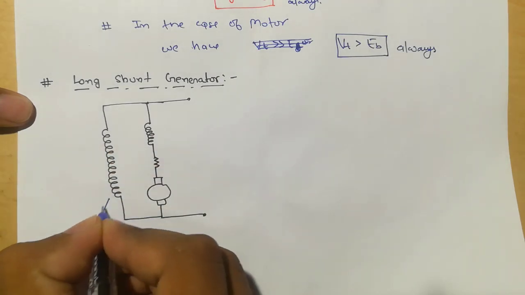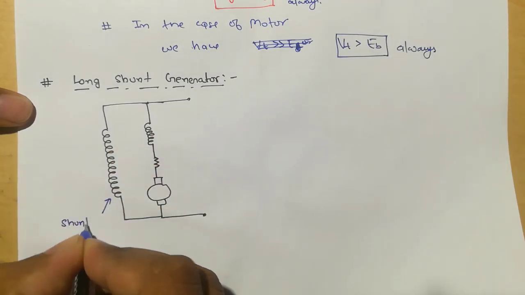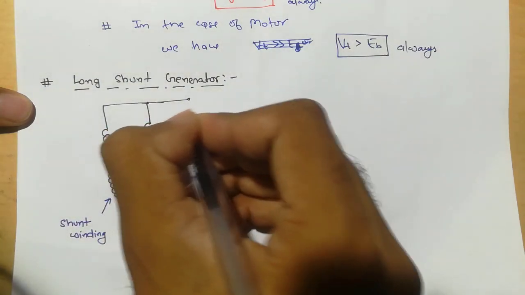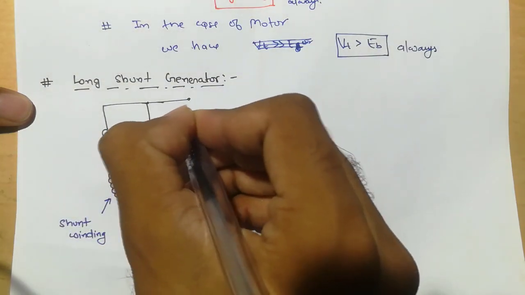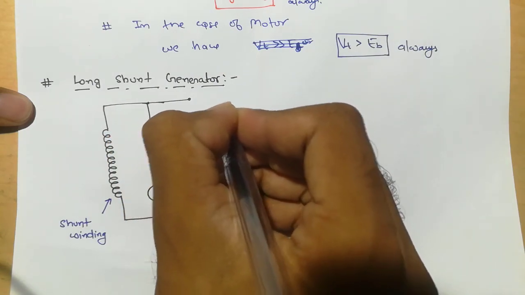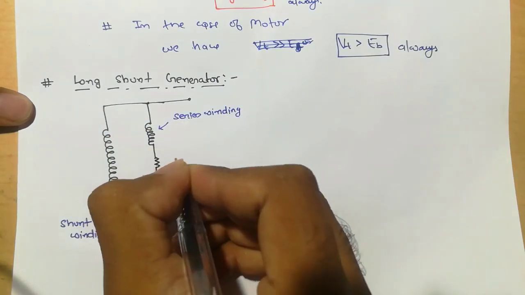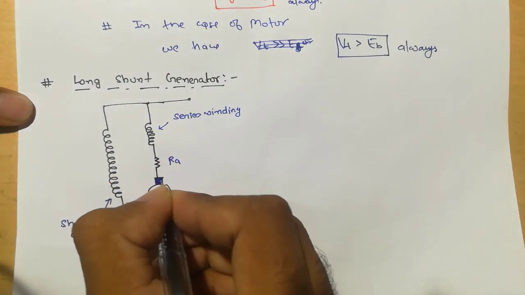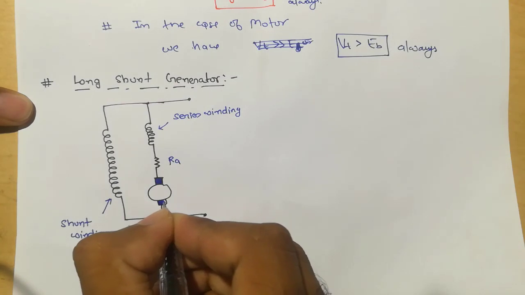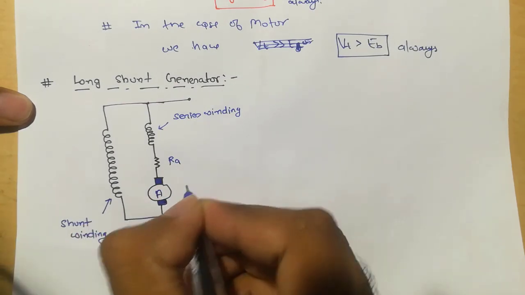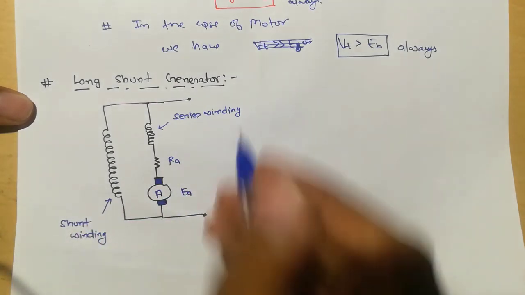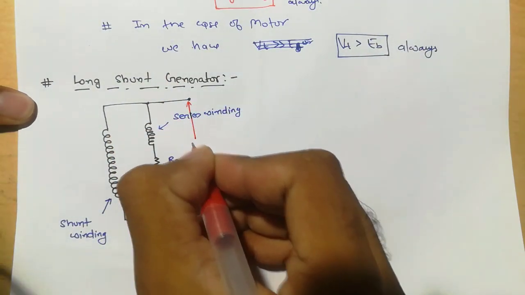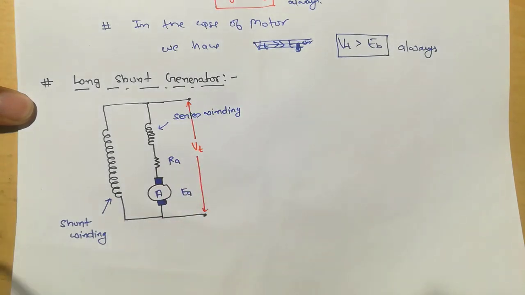This is our shunt winding. This is our series winding. This is our armature resistance RA, brushes, armature. Here we have an induced EMF EA, and at the terminals we will get a terminal voltage VT.